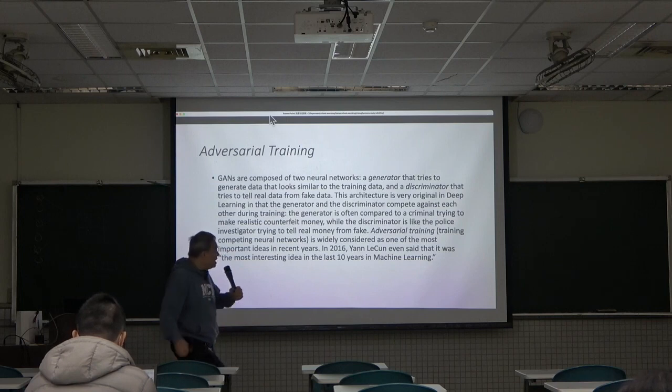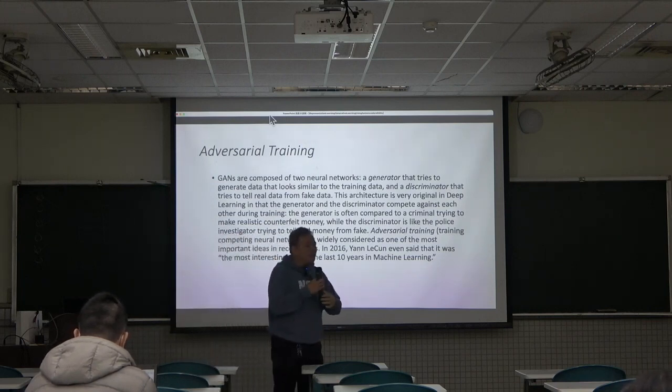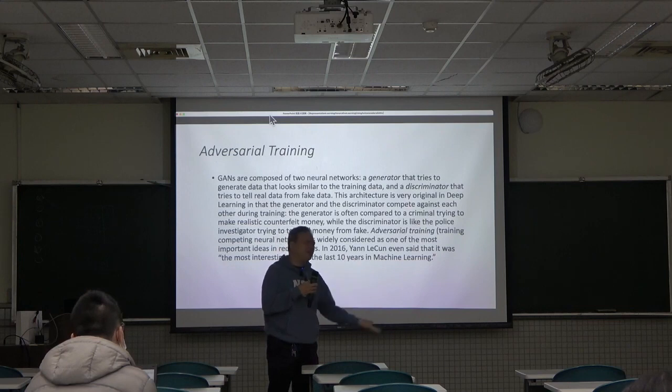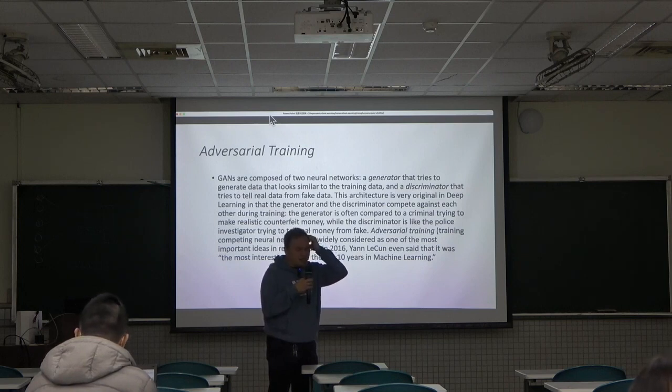So they kind of compete with each other. Actually, the model is not bad, but you can compare the generator to a bad person, trying to fake, for example, create a fake bill.